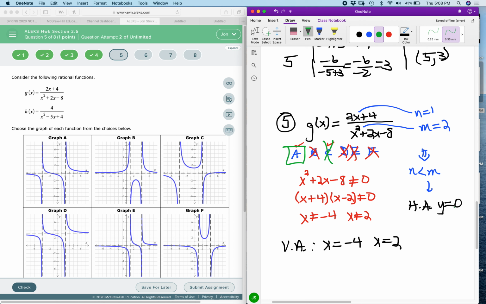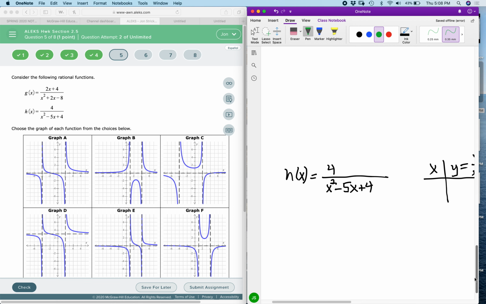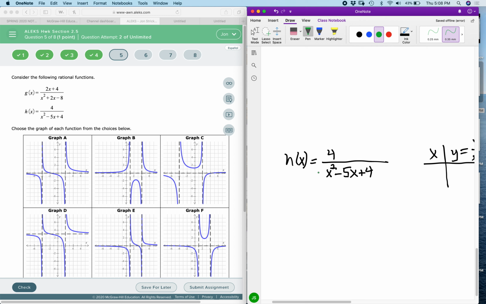All right, now for our function h of x, here we have 4 all over x squared minus 5x plus 4. If we look at exclusions from the domain, you have x squared minus 5x plus 4 cannot be 0.